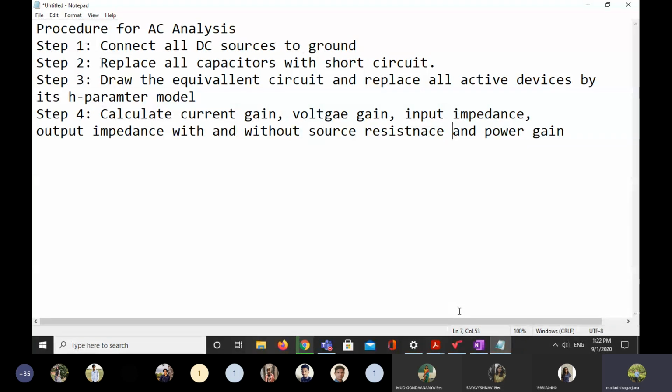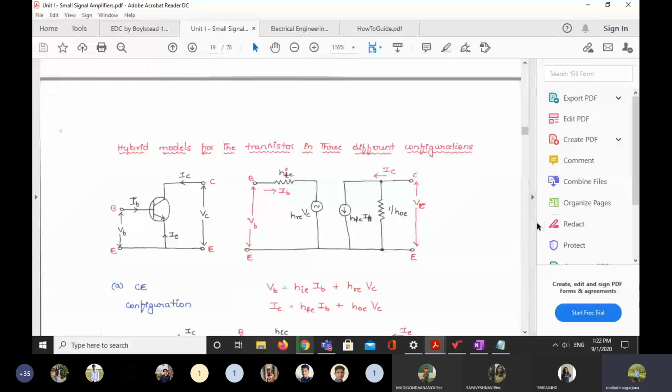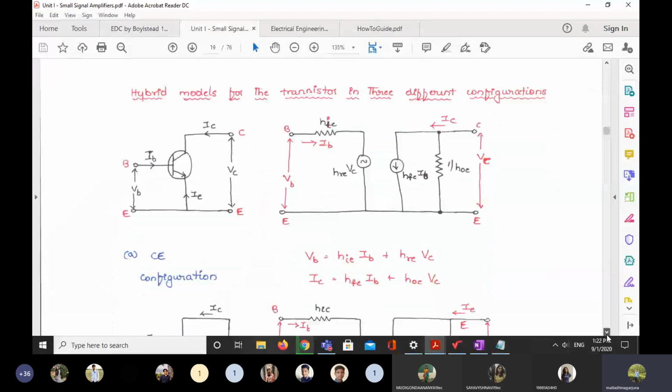Please note down all the 4 steps, very important steps for this procedure of AC analysis. And this is the H parameter model of your CE configuration that we saw in the previous classes.